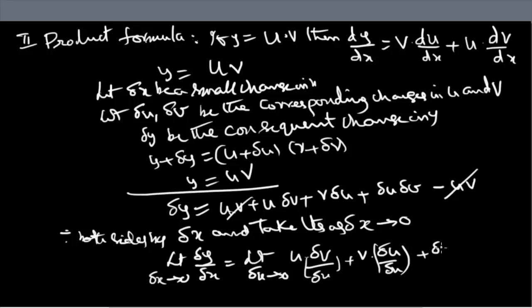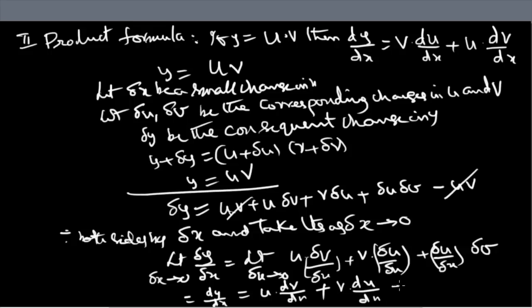So I write delta u by delta x into delta v, because now this becomes by convention dy by dx is equal to, this becomes u into dv by dx, and this becomes v into du by dx, and here delta u by delta x becomes du by dx, because there is a change in x, there is a change in v.